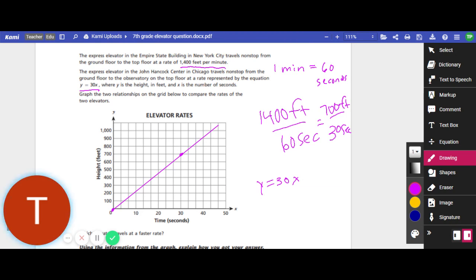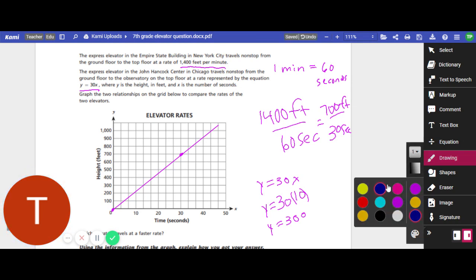We could pick a certain number of seconds that it would be easy to graph. So for instance, what if it travels for 10 seconds? What if I change my x to a 10? So then I'd have to do 30 times 10 to find out how far it would travel. Okay, well then that's easy, that's 300. So after 10 seconds, the elevator in the John Hancock Center has traveled 300 feet.